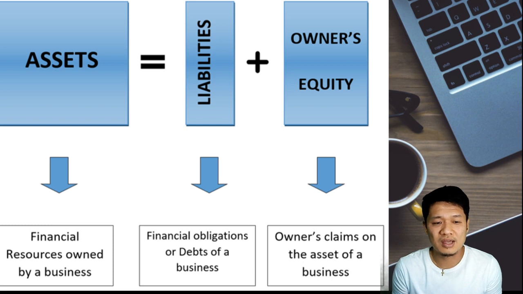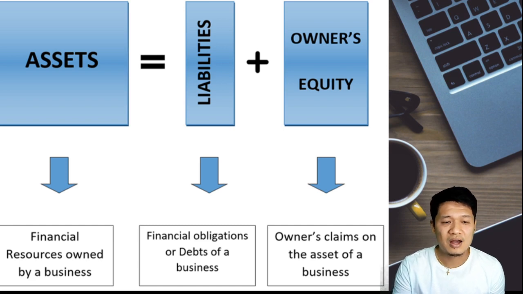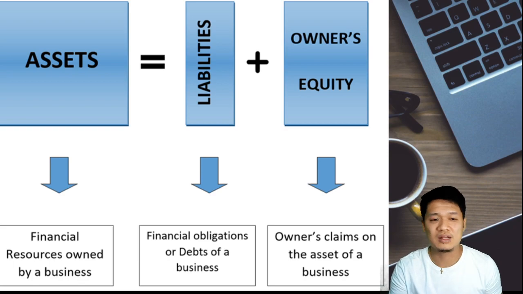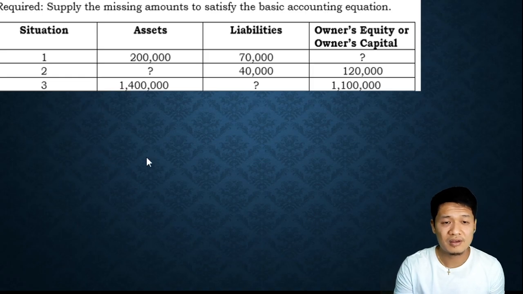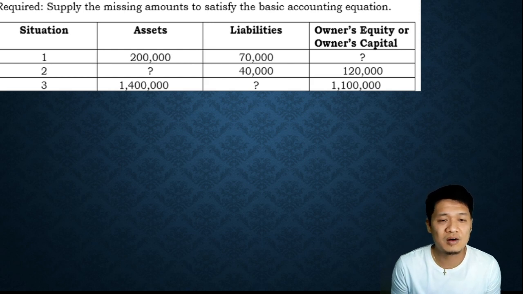And last, the owner's equity, these are the owner's claim or yung mismong investment ng ating mga owner sa business nila. For today, we will not go further into this accounting equation kasi natalakay na natin yan during our previous lesson. Okay, let's just have an example applying the accounting equation.